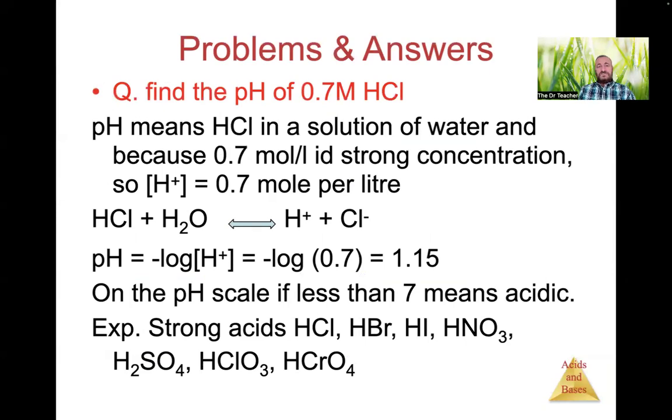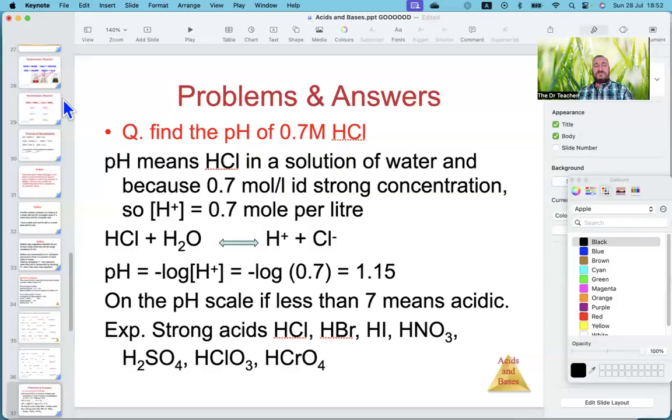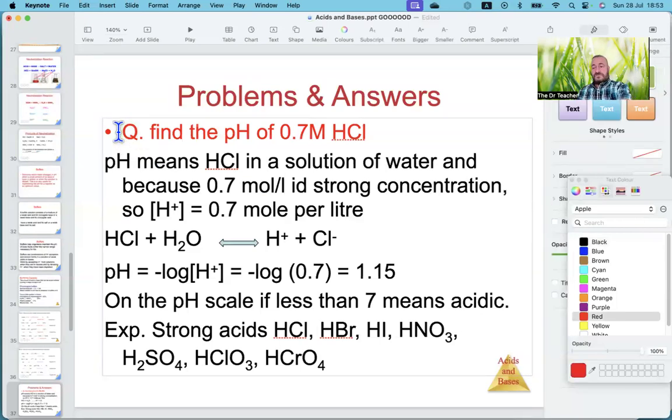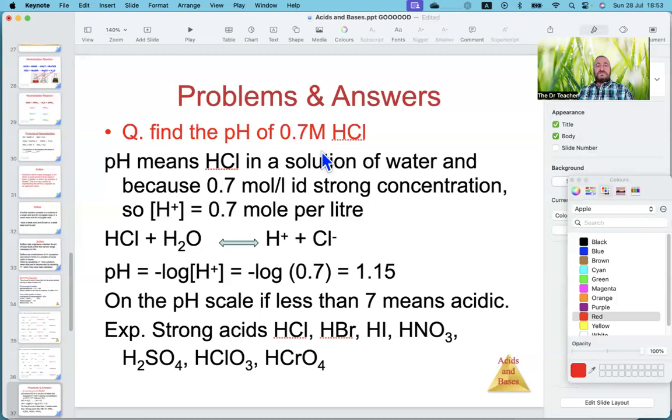Okay, so pH means HCl in a solution of water. And because 0.7 is what? 0.7 is molarity. Molarity means moles per liter.